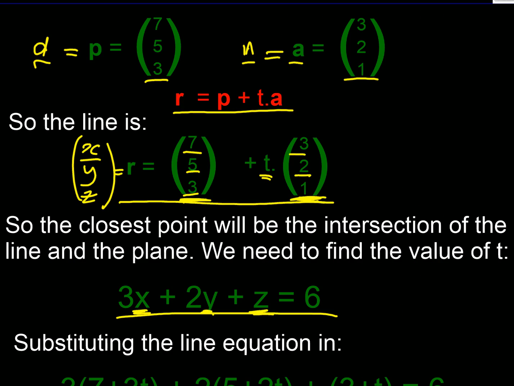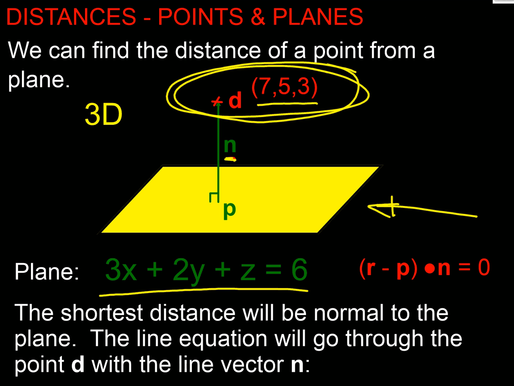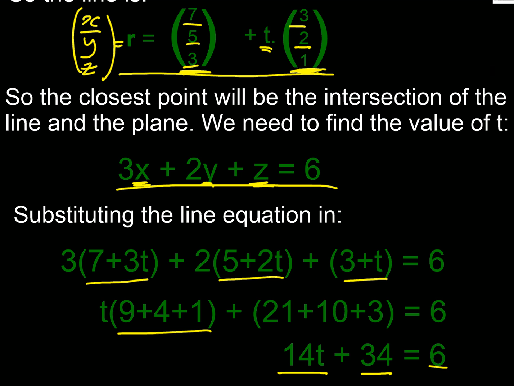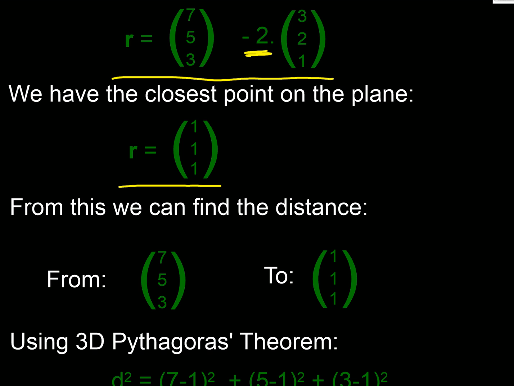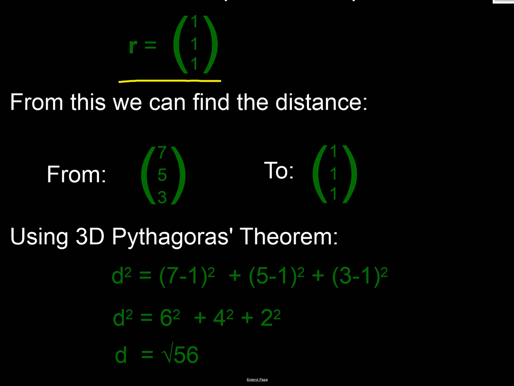So let's just go back to our diagram. We now know this point here is 1, 1, and 1. And if I know my two points now, 1, 1, 1 and 7, 5, 3, there we go, you make it down to here. If I know two points, then using 3D Pythagoras, I can find the distance between them.